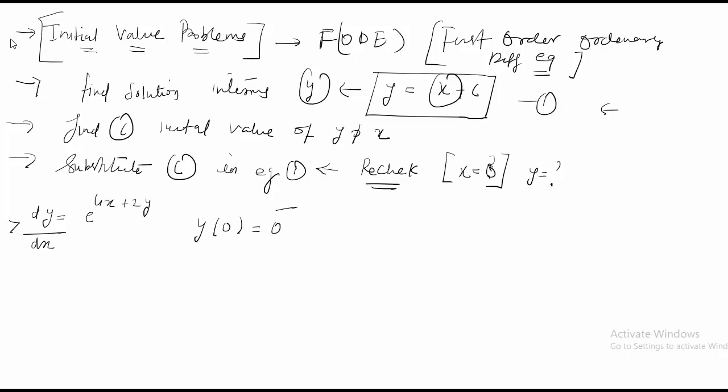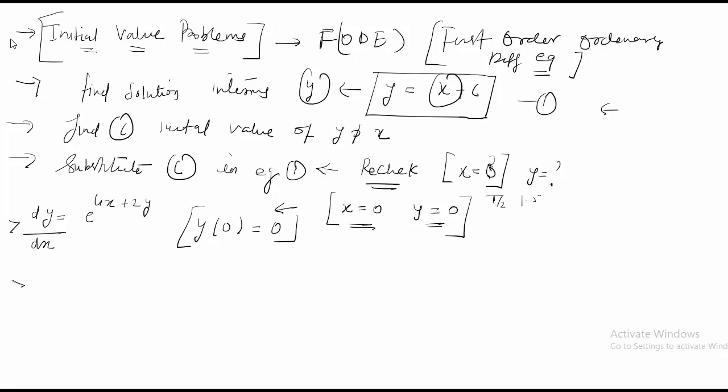What this means is that when my x is equal to 0, my y is also equal to 0. But it is possible that when your x is equal to 0, y might have some value like pi by 2, 1.5, etc., depending on the kind of function which is there.